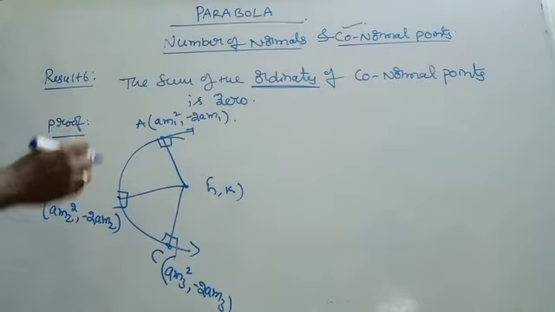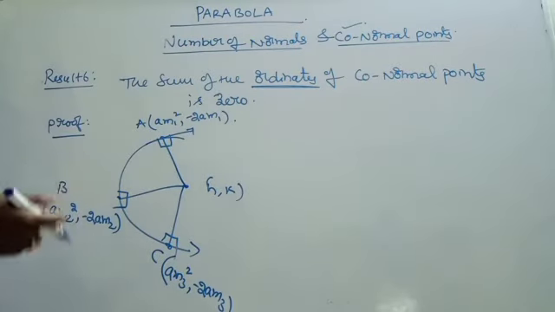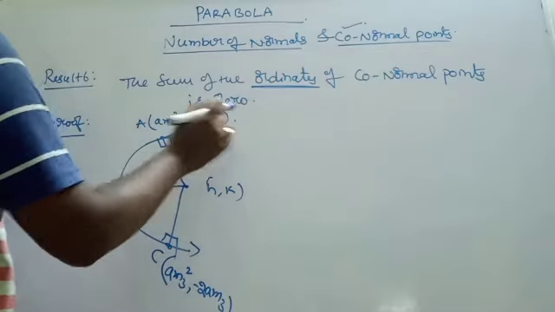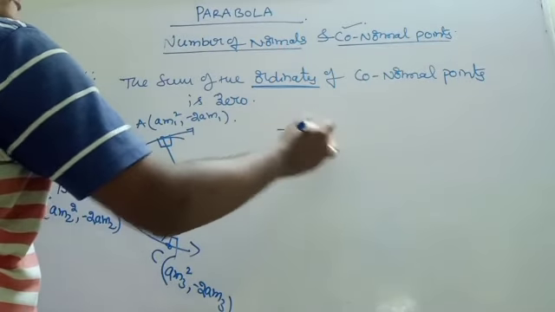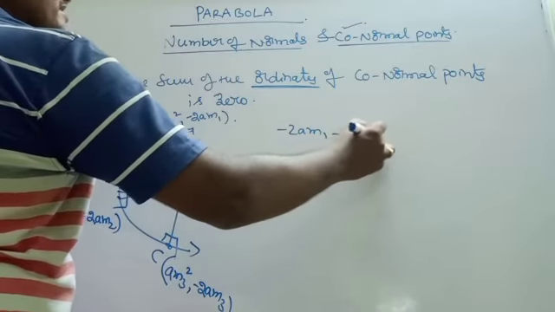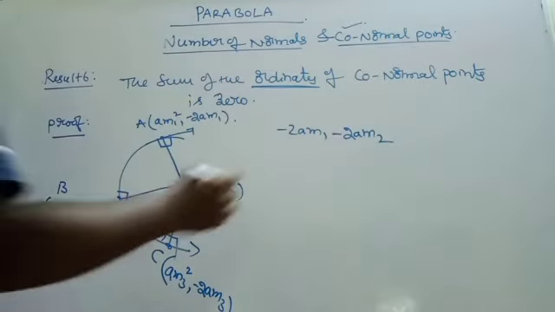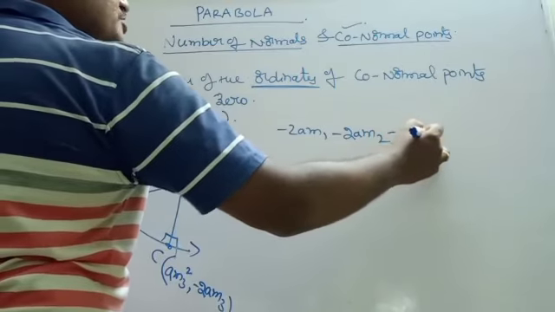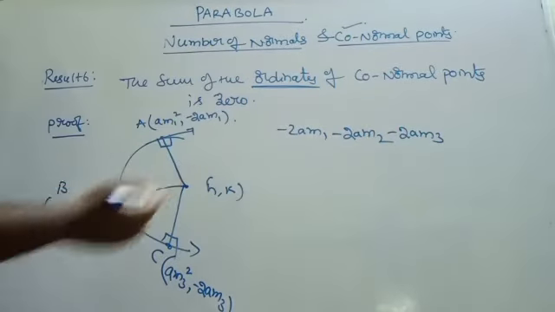Now they are asking for the sum of their ordinates. The first ordinate is minus 2a m1, next minus 2a m2, and minus 2a m3. We add them all, and we need to prove this as 0. That is very obvious, my dear student.